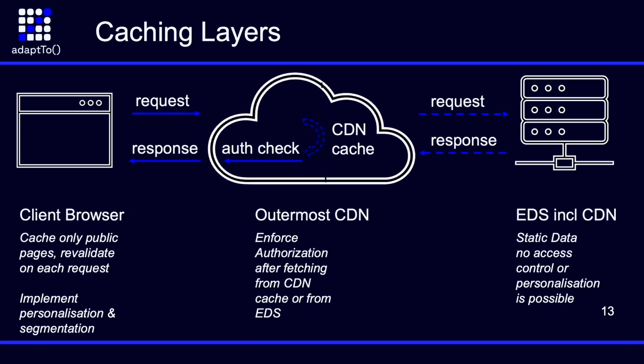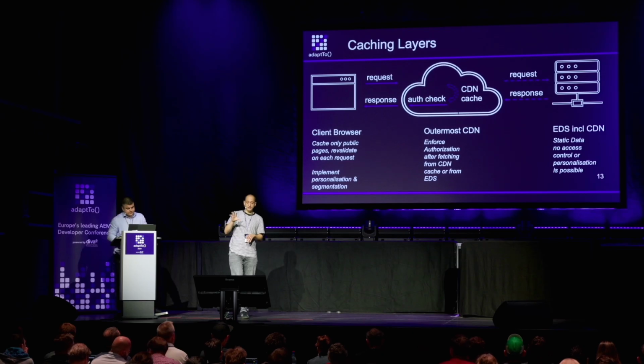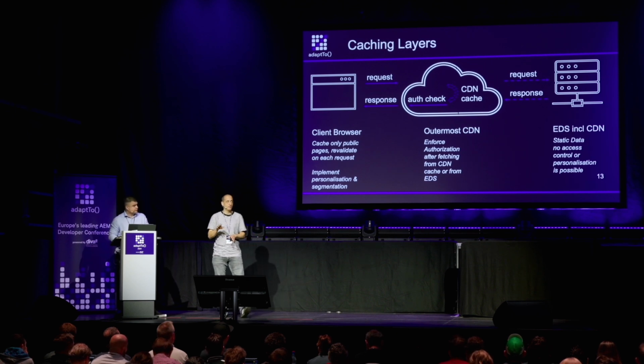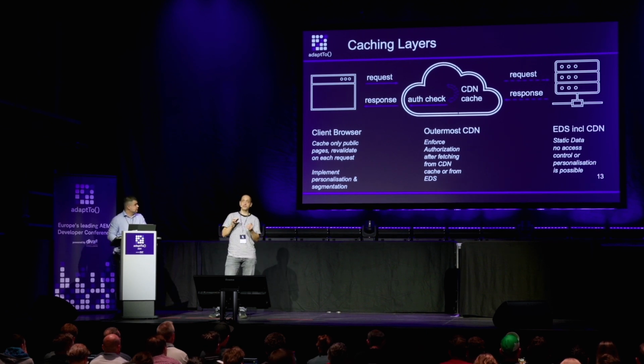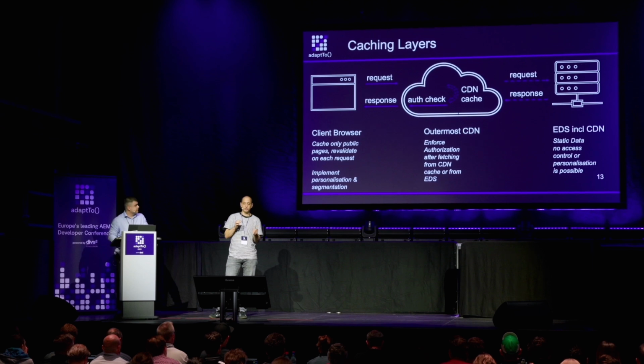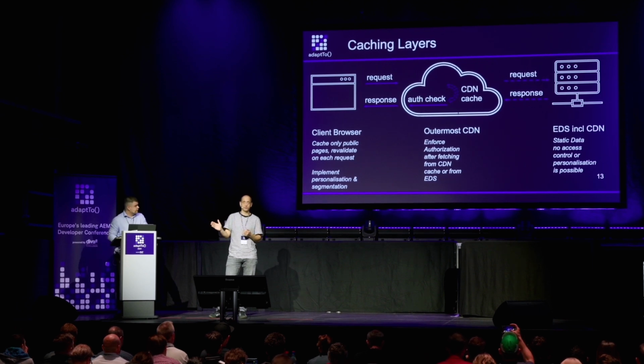Both the EDS cache and the outermost CDN cache, we can fully leverage without worrying about enforcing access, because we enforce the authorization after we retrieve the documents from the cache. So the only thing that's important is that the documents there are fresh, that the content itself is up to date, and when the author makes a change, these caches get flushed.